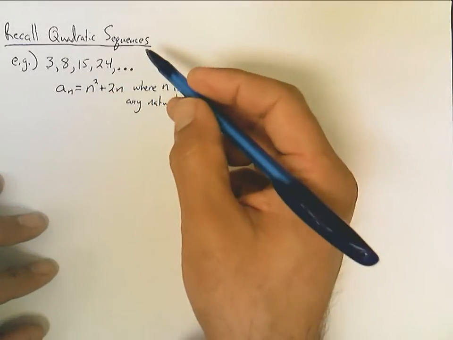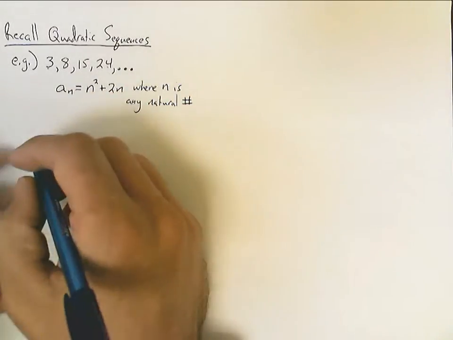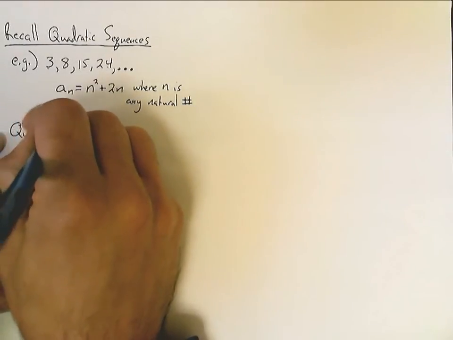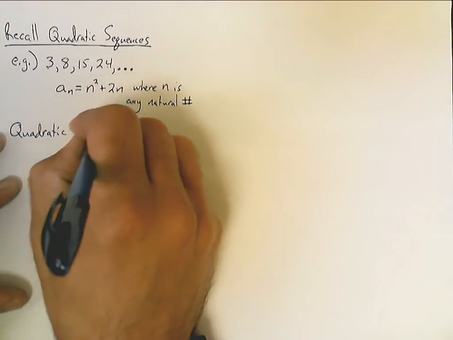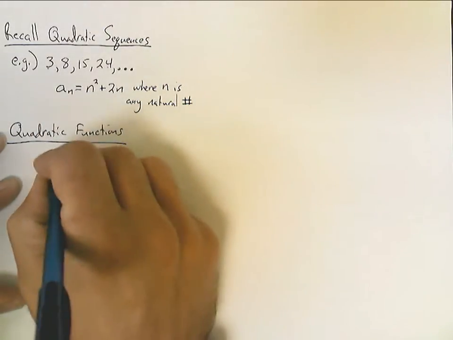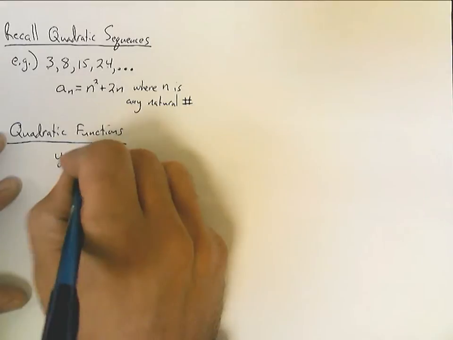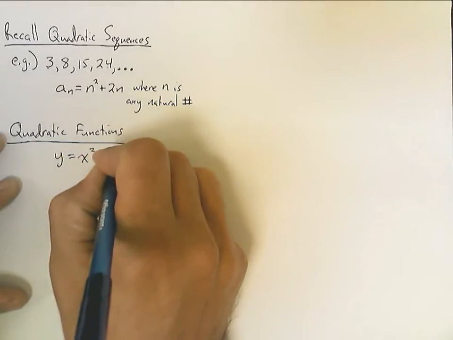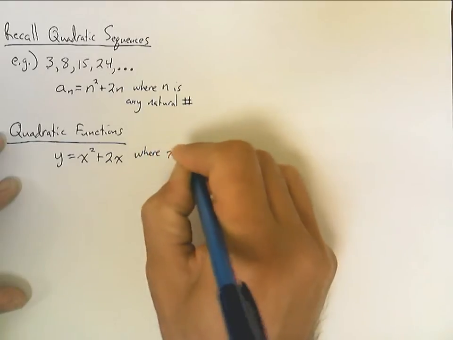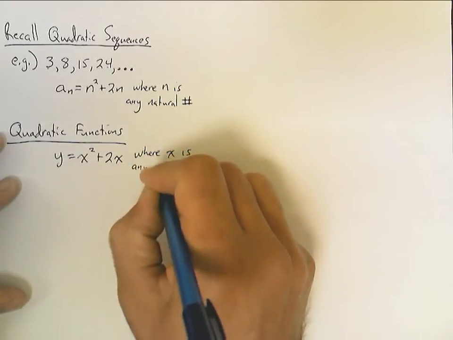Okay. So, switching up from a sequence to a function of the real numbers now, these things have the exact same name, quadratic functions. We could just rewrite this as y is equal to x squared plus 2x, now where x is any real number.